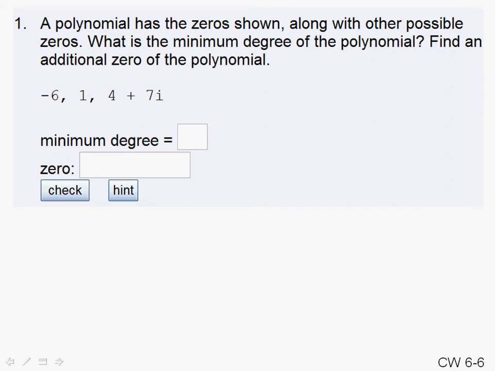Since we have 6, 1, and 4 plus 7i, we know that another zero must be at 4 minus 7i. This means the minimum degree would be 1, 2, 3, 4. So there would be at least 4.